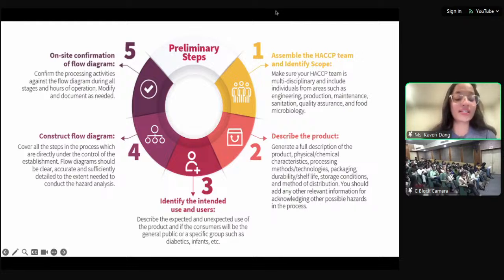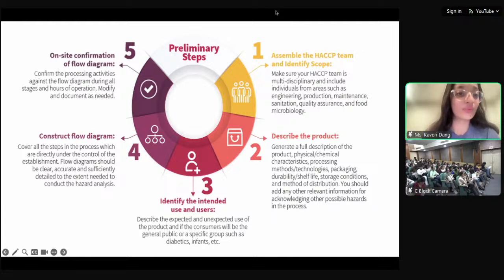So, our flow diagram should explain everything right from the point where our raw material is coming from, how it's getting stored, how it's getting used, how it's getting to a production facility, what are we doing to that food, how our production is going to take place, from the step where we are procuring raw materials up to how it's getting produced, to how it's getting stored and ultimately transported to the distribution centers or to the end consumers. So all of this flow diagram needs to be well established before we even start with the business.